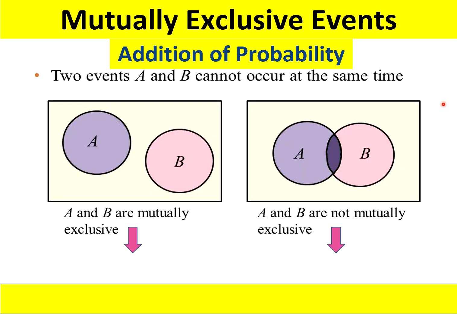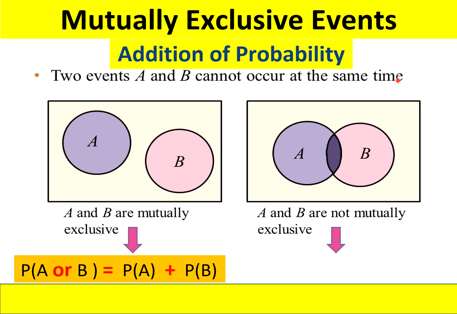In the concept of probability, one of the most confusing concepts that students often make mistakes in is the addition of probability. Do take note that before you can add two probabilities together, it is important to check whether the two events are mutually exclusive or non-mutually exclusive.